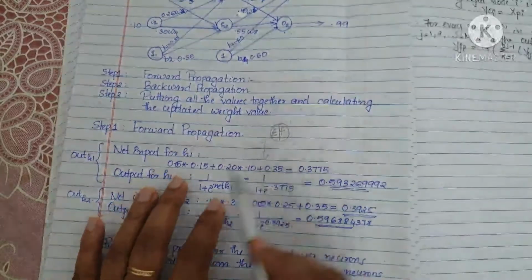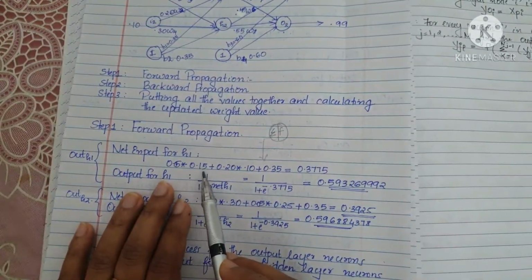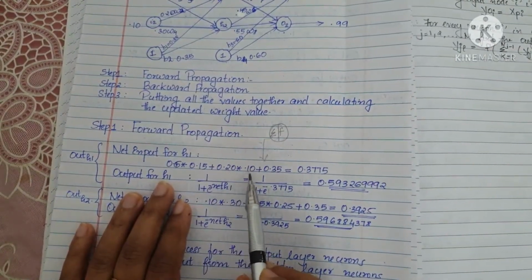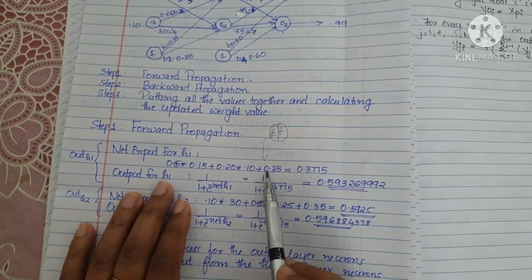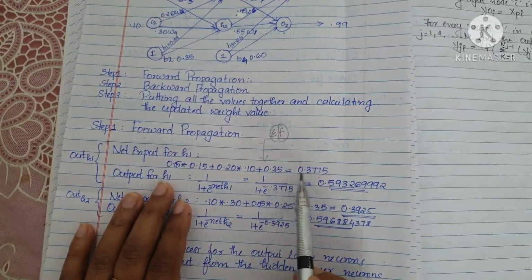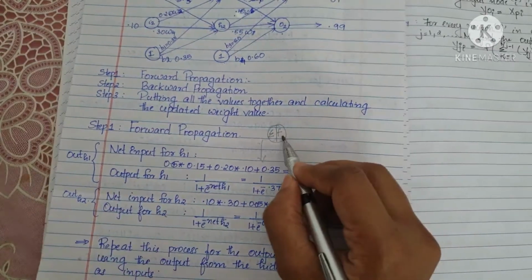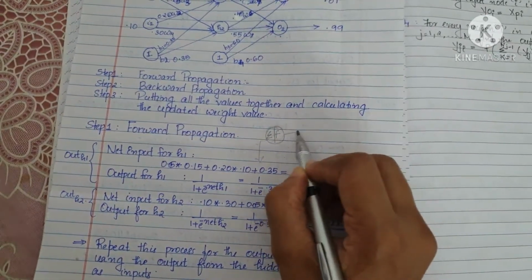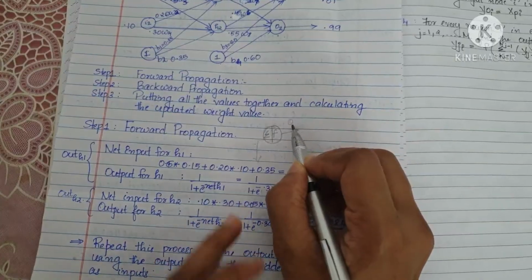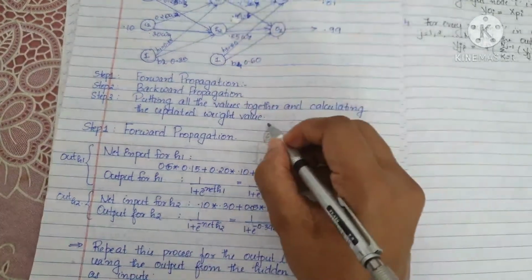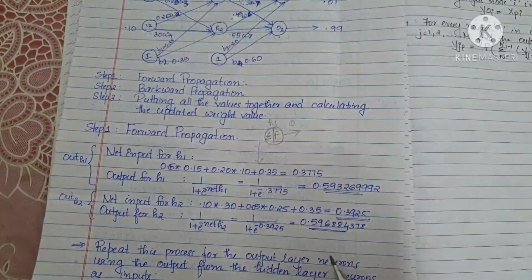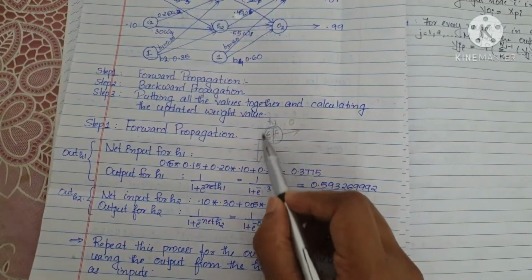So 0.05 into 0.15 plus 0.20 into 0.10 plus 0.35, which is equal to 0.3775. Then only I can output a value from the single perceptron, that is H1. Okay, so we completed this summation part.